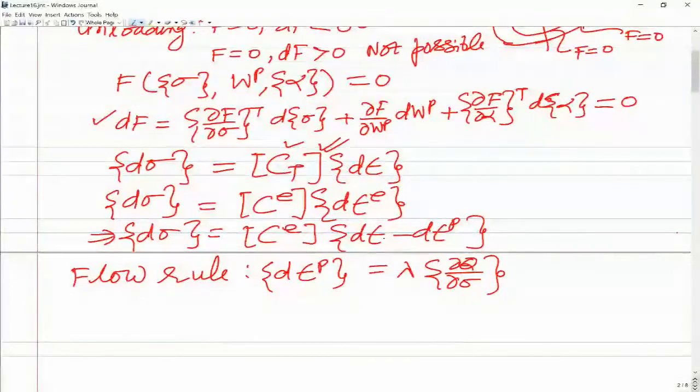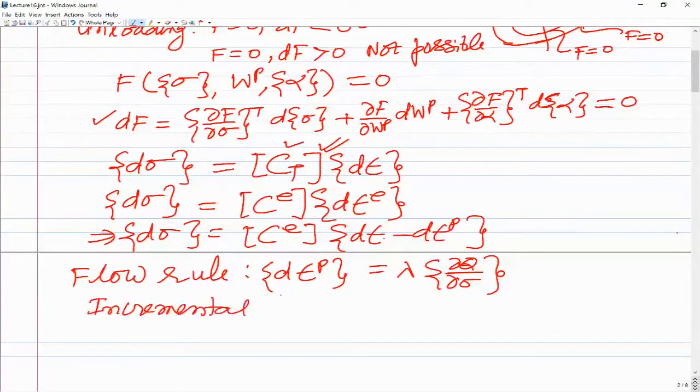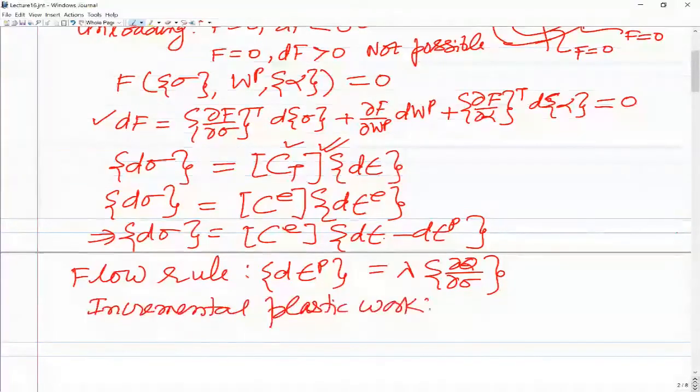So I had discussed that. Then we look at the incremental plastic work, because we also need the expression for WP. This is the work of stresses due to plastic deformation.